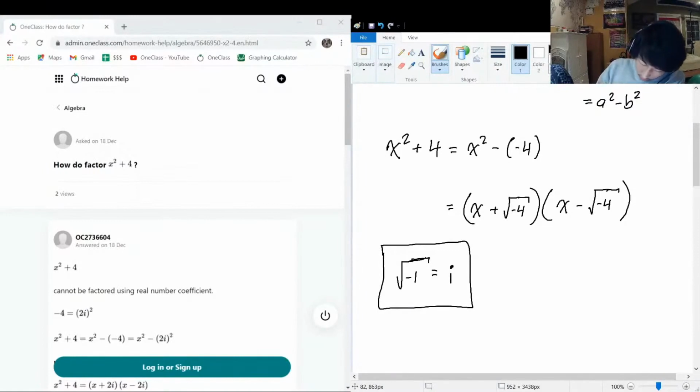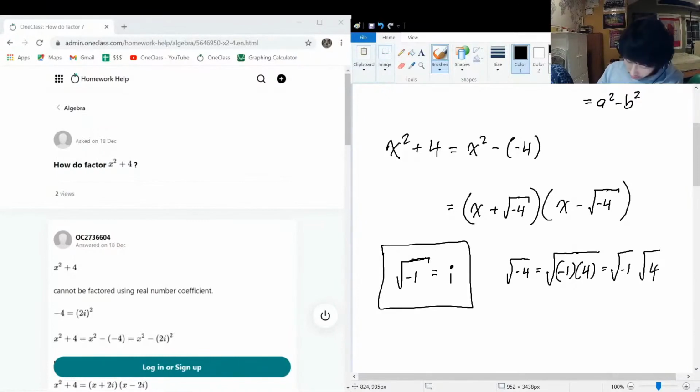So the square root of negative 4, we could rewrite as the square root of negative 1 times 4. And we could rewrite this as the square root of negative 1 times the square root of 4. Square root of 4, we know that's going to be 2, and we know the square root of negative 1 is i, so we can have this as just 2i.